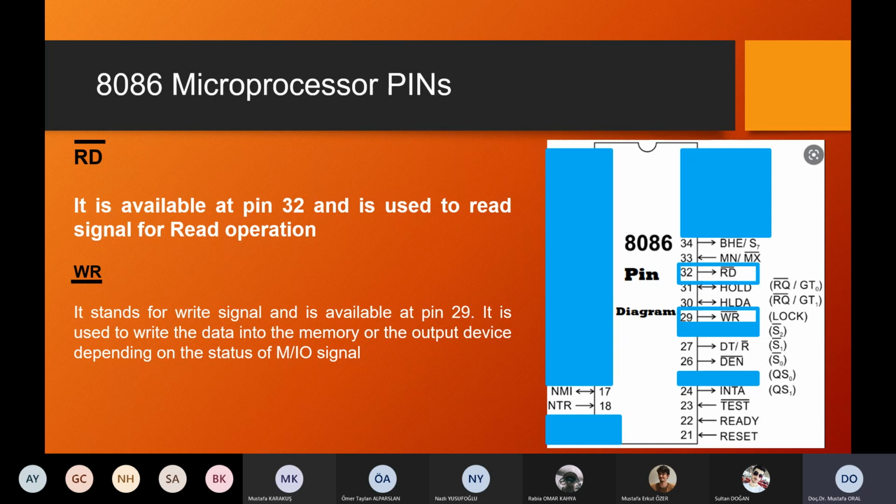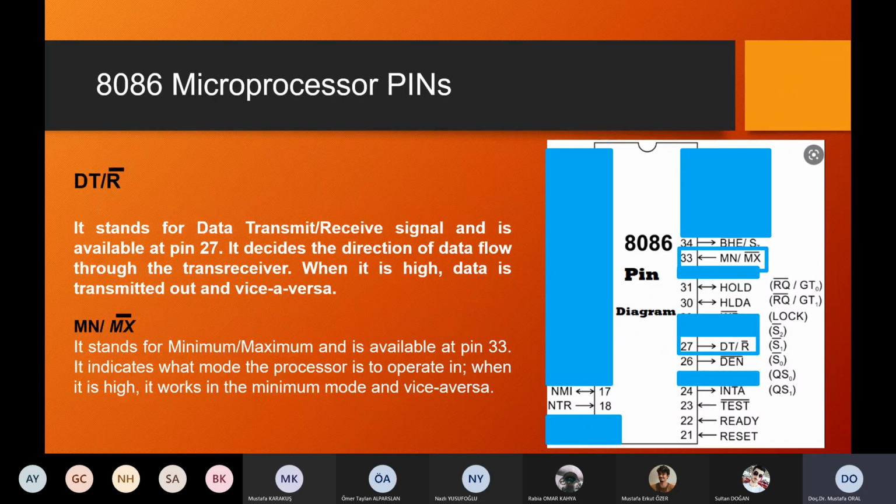During the read bus cycle, the read signal is high, and when the read operation is started, it will go down to zero, if you remember from the timing diagram I have shown you before.